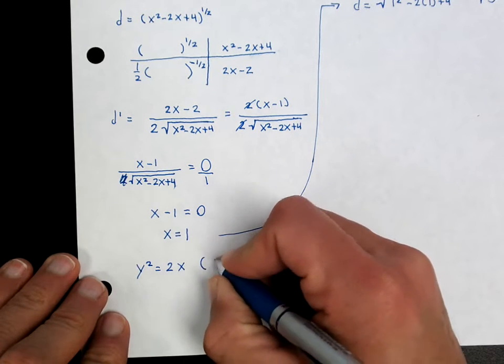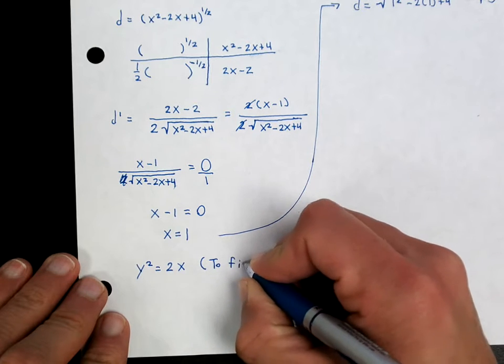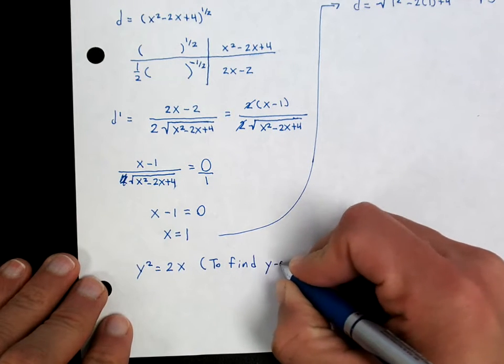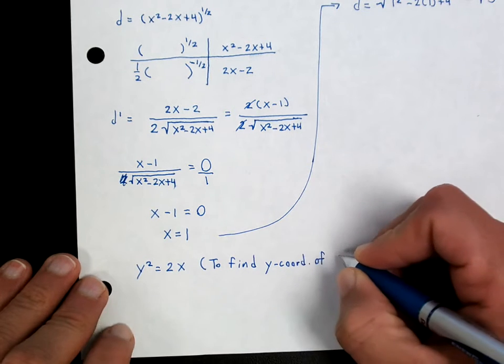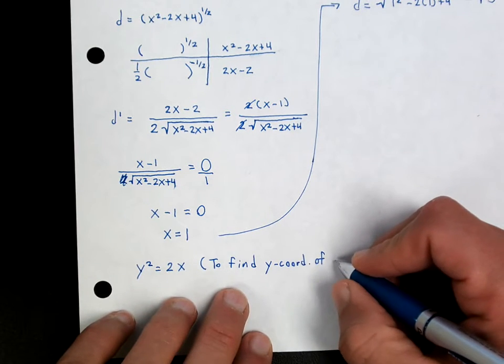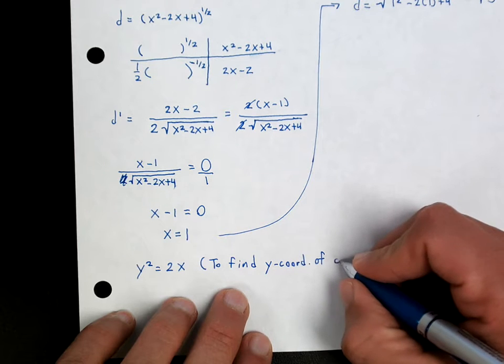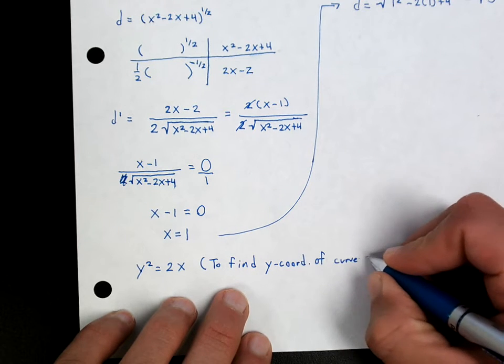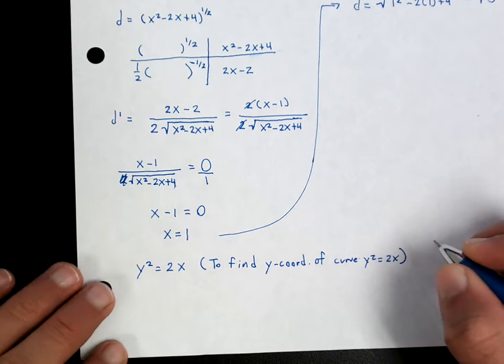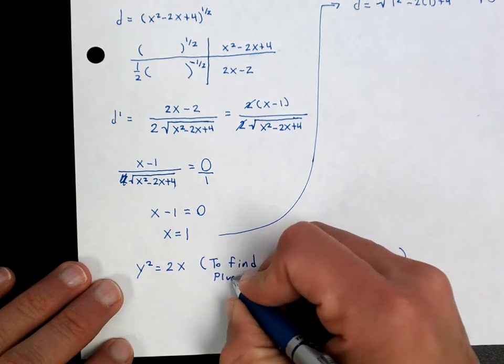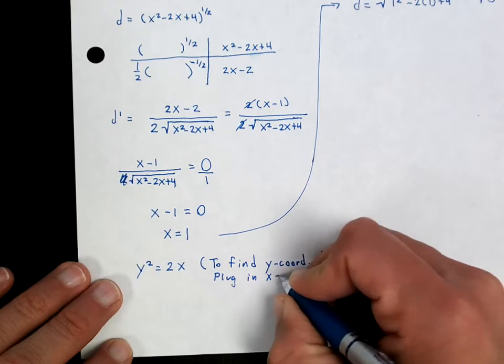So I'm going to write here: to find the y coordinate of the curve y squared is equal to 2x, plug in x is equal to 1.